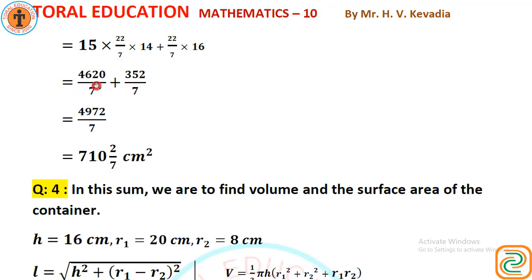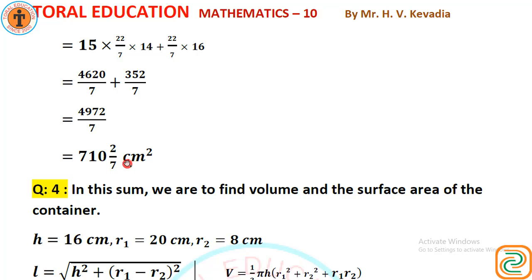If we add both of them, then 4972 by 7, and if we convert it into a mixed fraction, then 710 and 2 by 7 centimeter square. This is also an area.